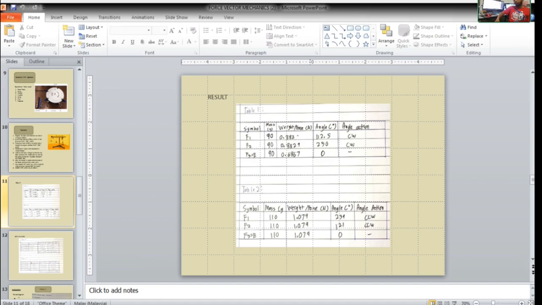The weight is 1.079 Newton, and the angle is 121. The angle action is CCW. F3 is 110 grams, and the weight is 1.079 Newton, and the angle is 0. The angle action is 0.